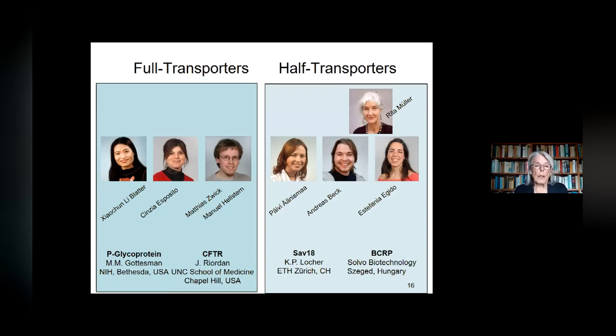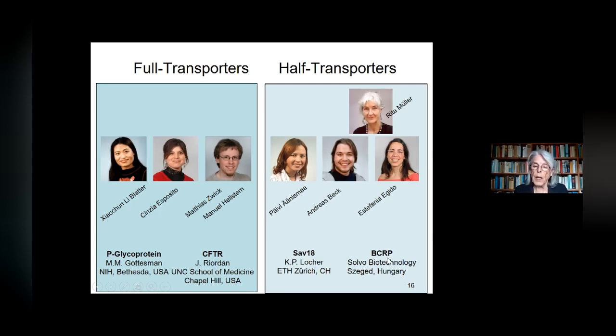And so we looked at the kinetics of very many transporters. So the P-glycoprotein, which was a gift, as I said already, from Michael Gottesman. We had CFTR, which works in a very similar way. Then Sav1866 is an analog of P-glycoprotein, also with interleaved helices. And then we have BCRP.